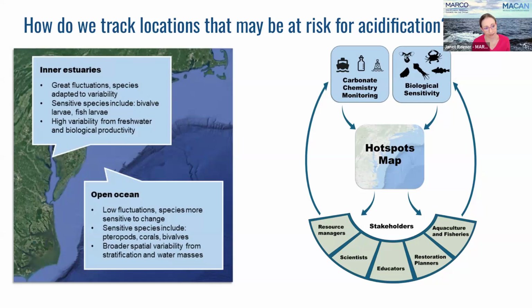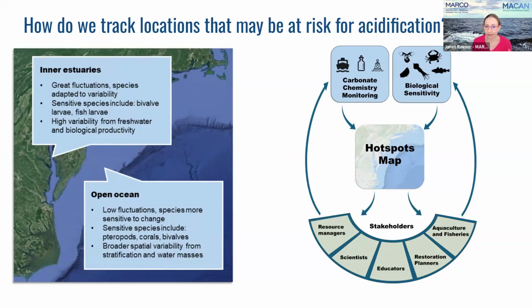But are the acidic events detrimental to species, or have species kind of evolved to withstand some of these low pH events? Well, the answer is yes and no. Some species are more adaptive than others, and some species just naturally have a greater capacity to withstand these negative impacts from large fluctuations in ocean pH or coastal pH.